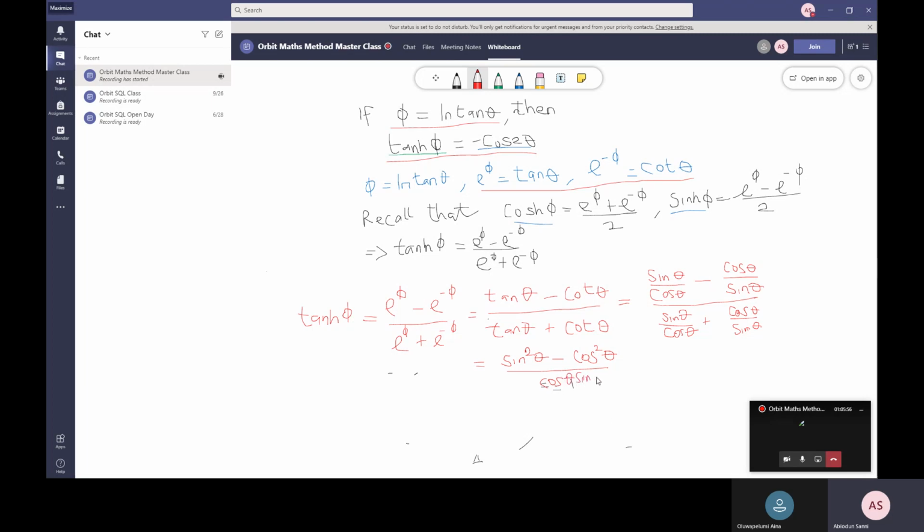Then simplify the denominator too: sin square theta plus cos square theta, all over cos theta sin theta.